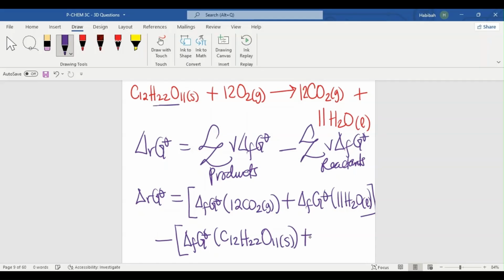Then the second reactant would be the Gibbs energy of formation of 12 O2 gas. So that's how it's done.